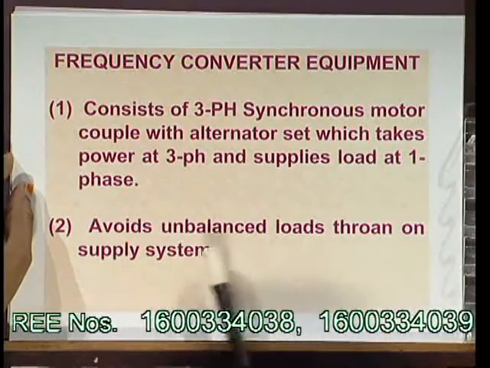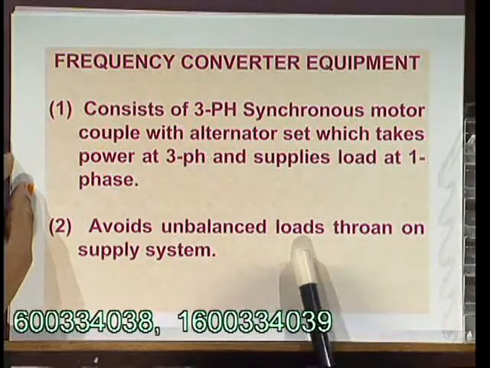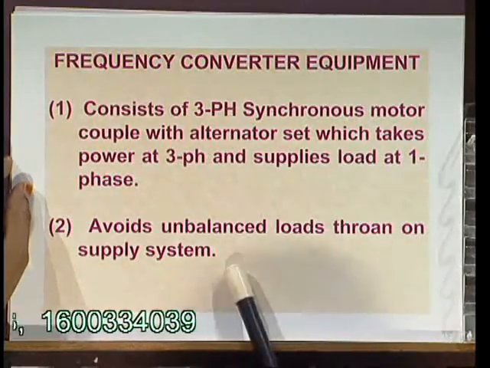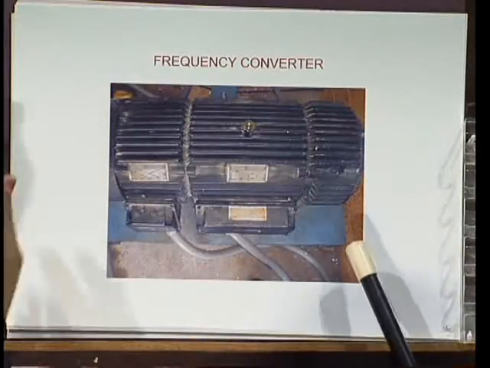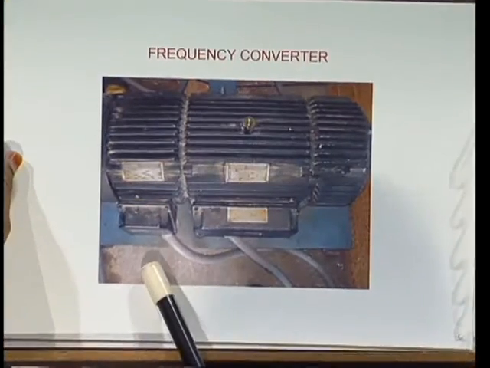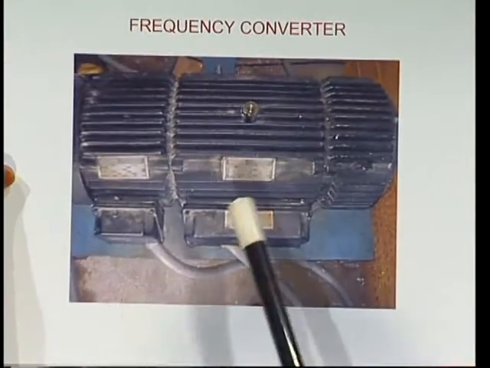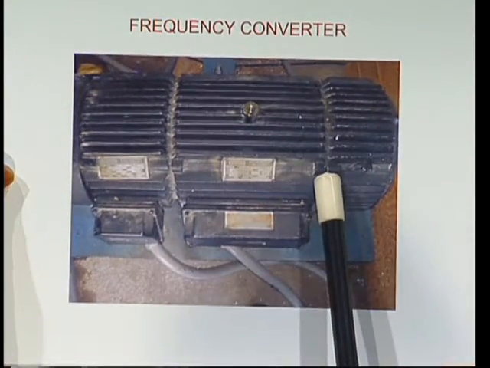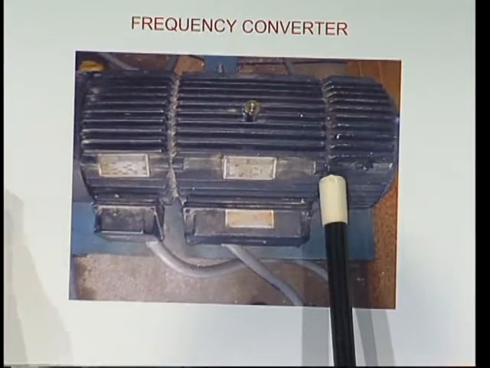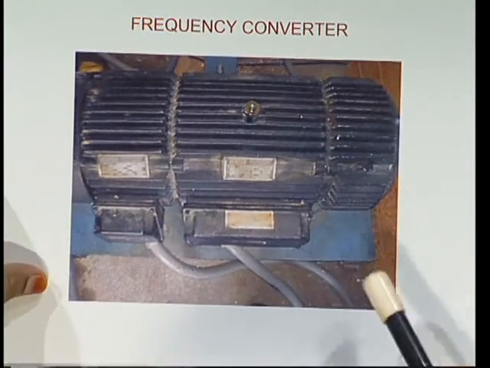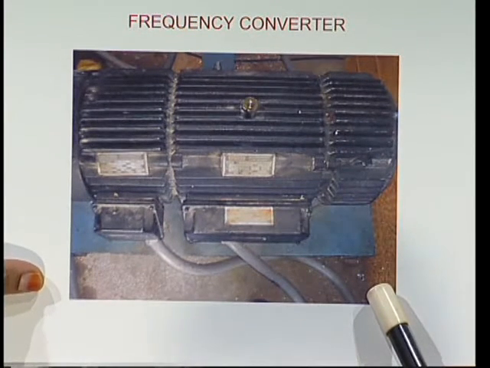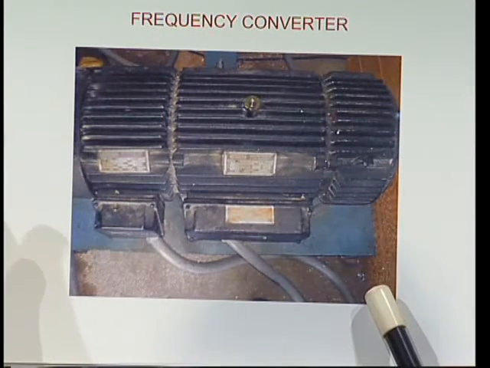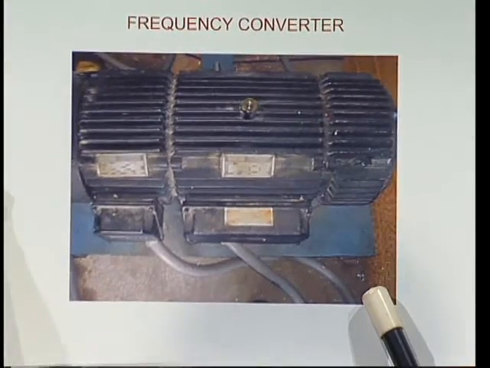It avoids unbalanced loads thrown on the supply system. This is a frequency converter equipment. This has the 3-phase synchronous motor coupled with the alternator set. This basically converts the industrial frequency to the required frequency of either 16 2/3 Hertz or 25 Hertz.